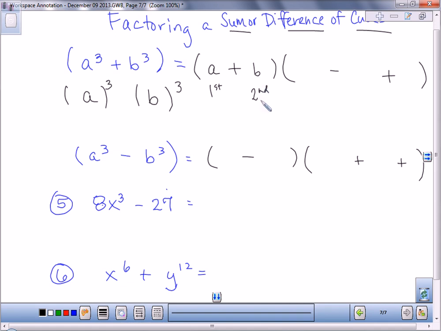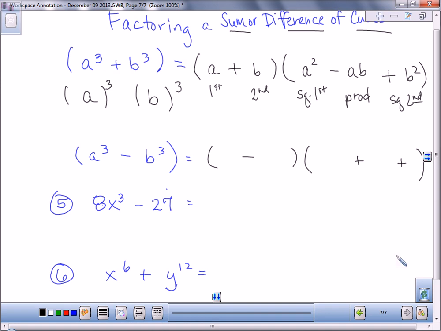Then we square the first one. So when I square A, what do I get? A squared. And we do the product of the 2 right here. A and B makes AB. And then we square the second one here. So the second one was B squared. Wasn't it usually double the product?